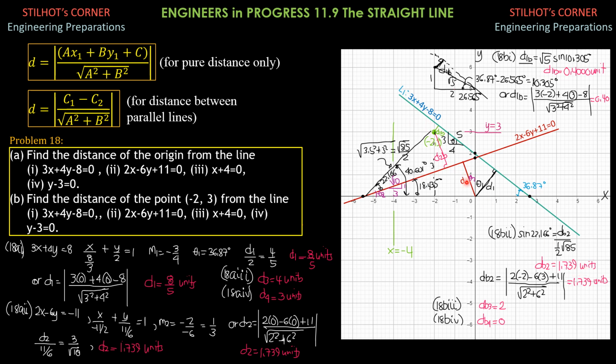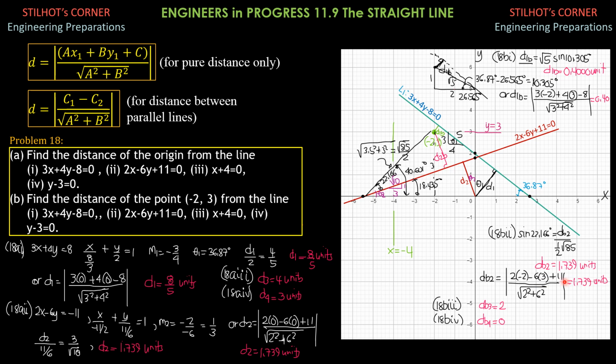Then another solution using the formula: 2 times x1, negative 2, minus 6 times y1, 3, plus 11, over square root of 2 squared plus 6 squared. This is negative 4, negative 18, so negative 22 plus 11, negative 11.